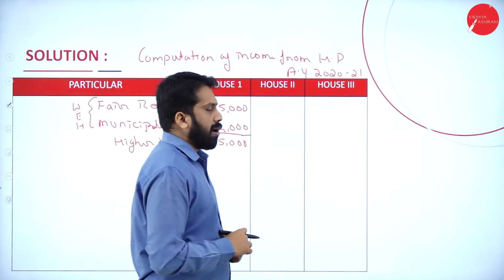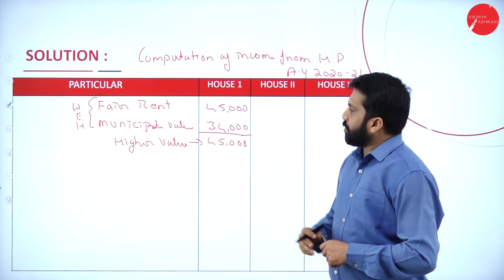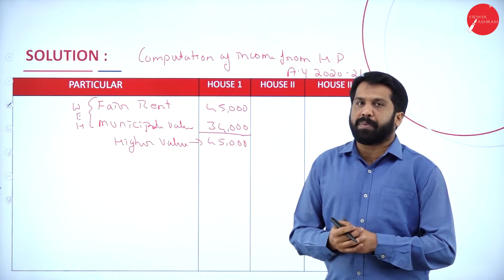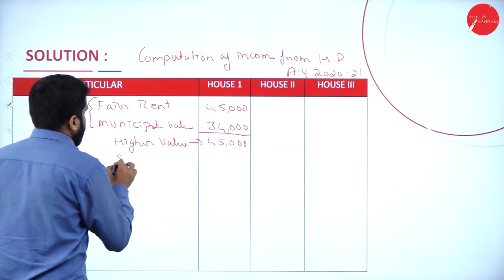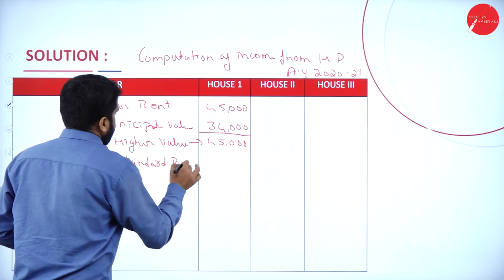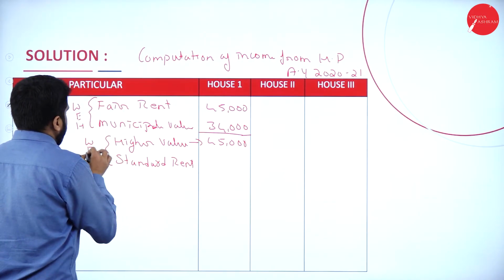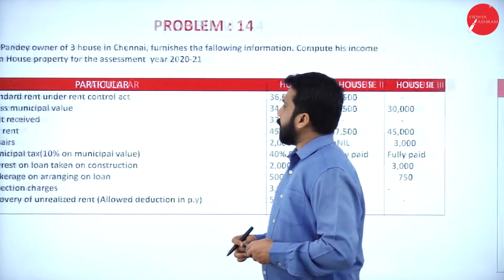Your higher value is called 45,000. Now, you compare your higher value with what? The higher value has to be compared with your standard rent, whichever is less. I'll compare now. What is your standard rent?